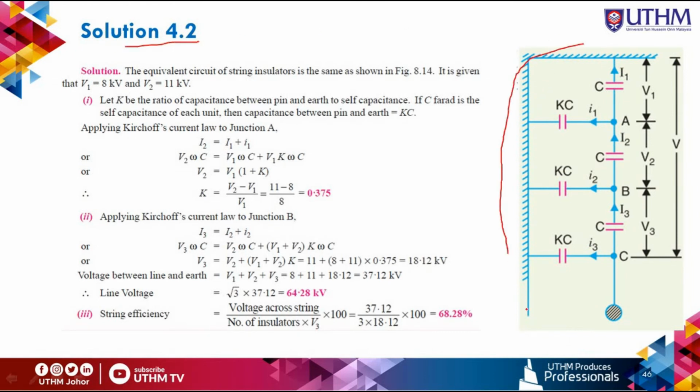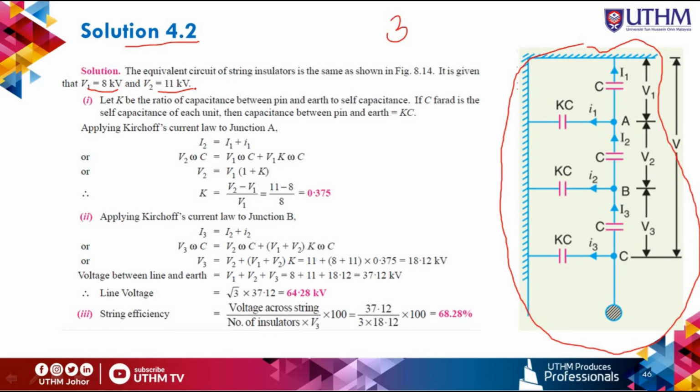First you have to draw the circuit. The equivalent circuit of the string insulators is the same as the previous figure, because we have three insulators. It is given that V1 is 8 kV and V2 is 11 kV.